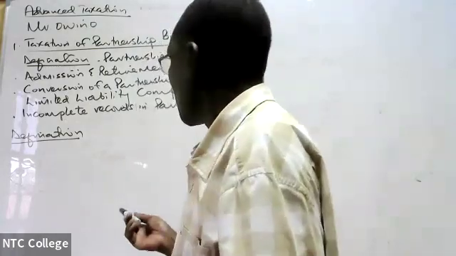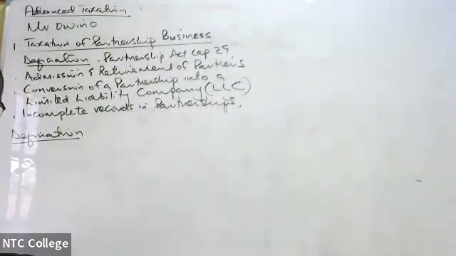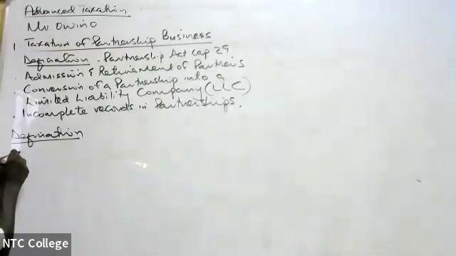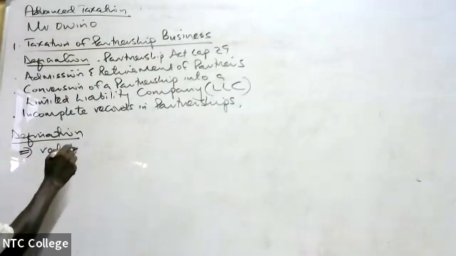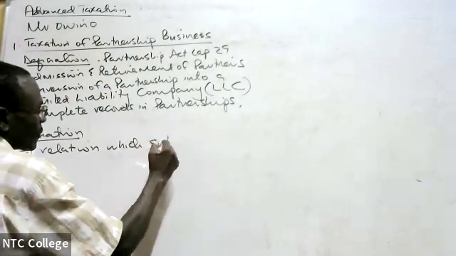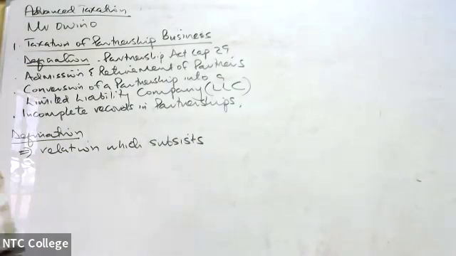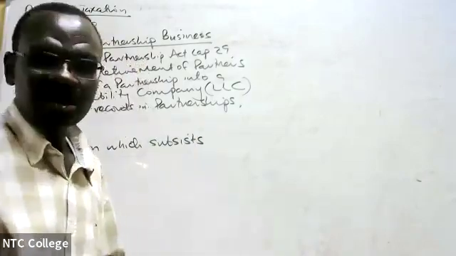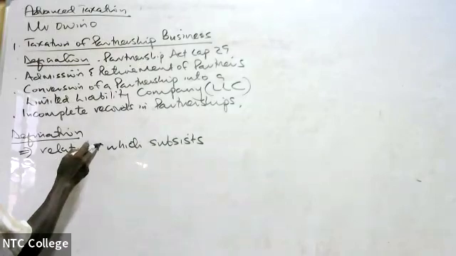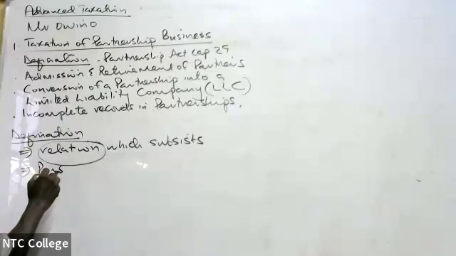It defines a partnership as a relation which subsists. So our partnership is not an entity, is not a business. It simply is merely a relation which subsists between persons.